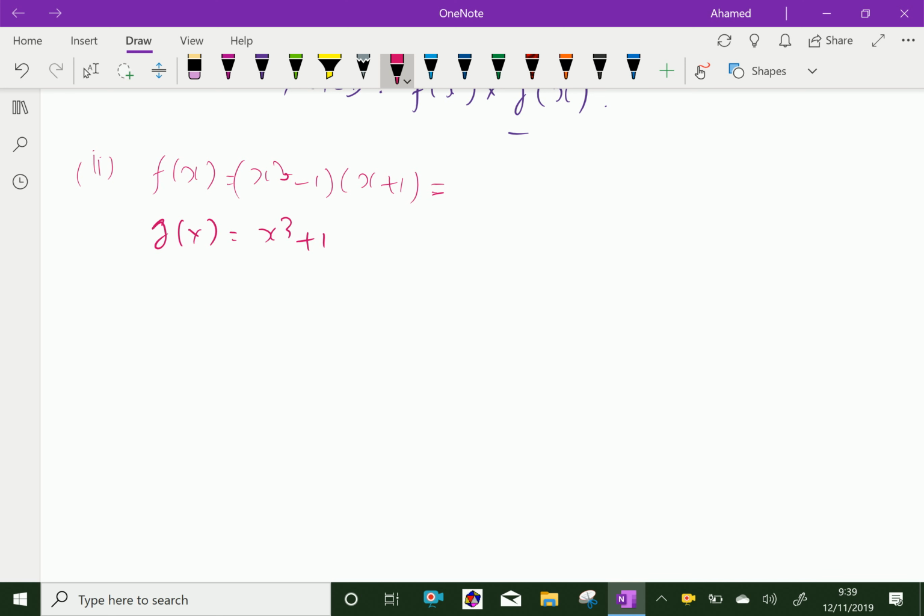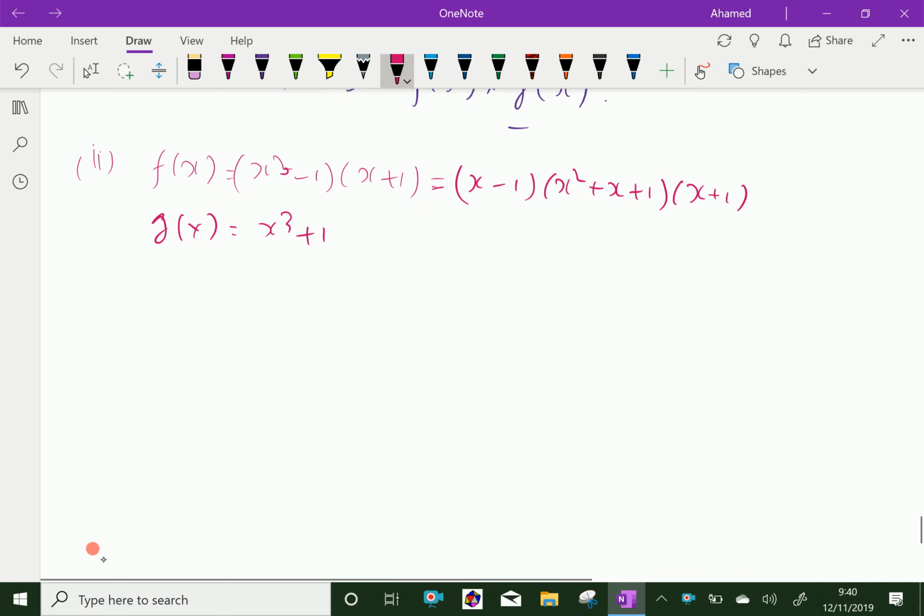x cube plus 1, the factors are x plus 1 into x square minus x plus 1.